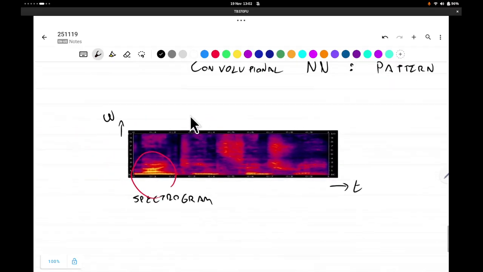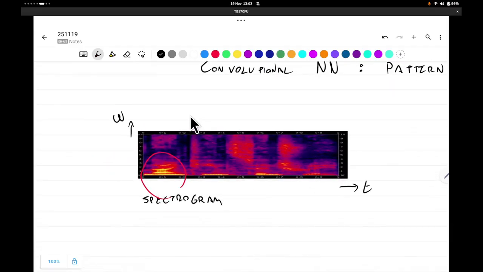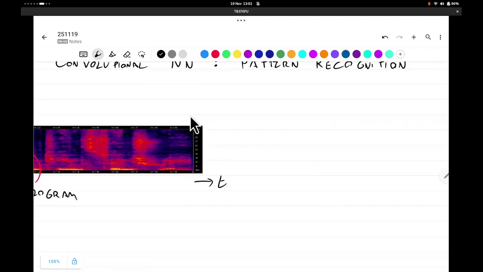So we are looking for some specific pattern in frequency. Frequency is now here, this would be some intensity, and we don't know when it happens in our series of data.